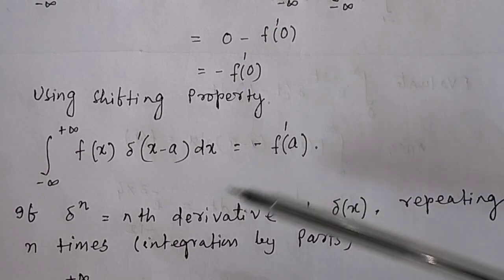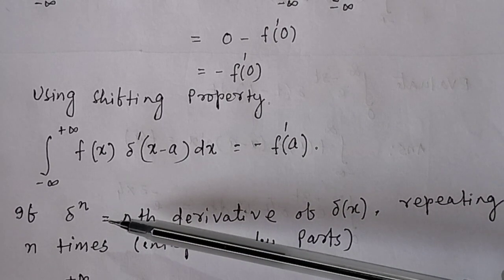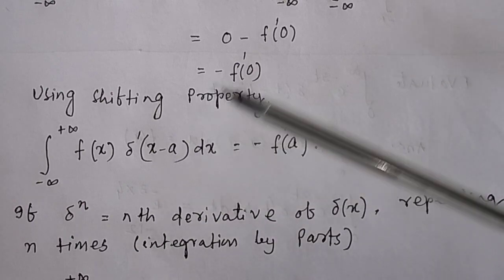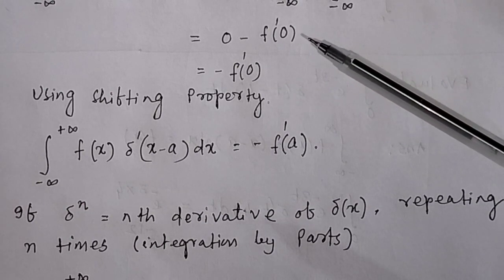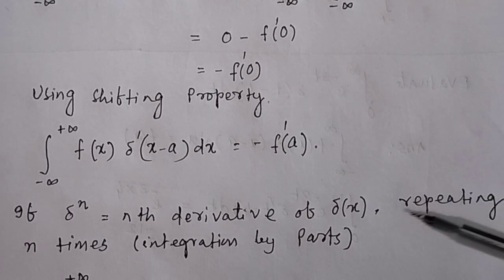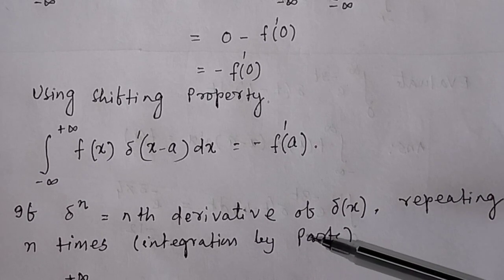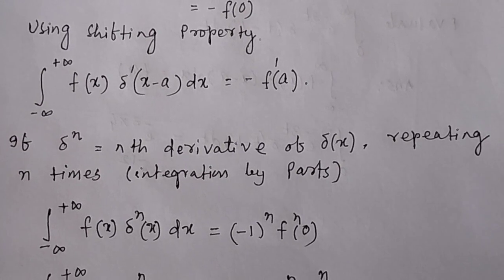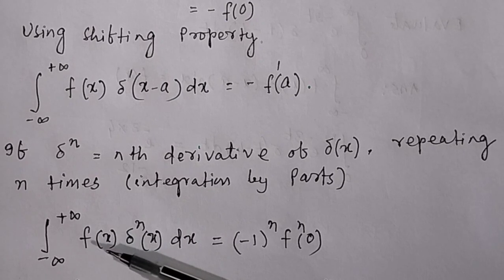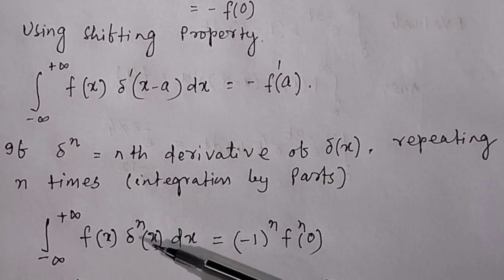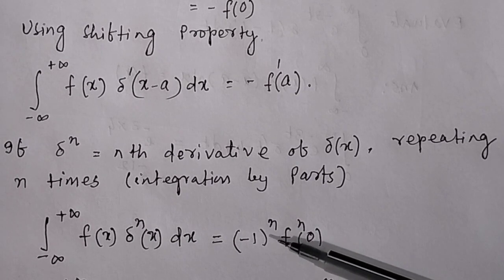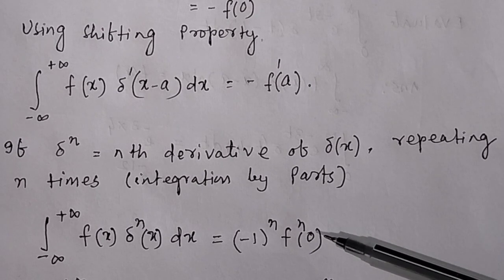If you have the nth derivative of the delta function, suppose delta n is the nth derivative of the delta function, then you have to repeat this integration n times. That means you have to use integration by parts n times. So after repeating n times using integration by parts, what will be the formula? For x equal to 0, the integral from minus infinity to plus infinity of f(x) times the nth derivative of the delta function, dx, is equal to minus 1 whole to the power n times f n at 0.